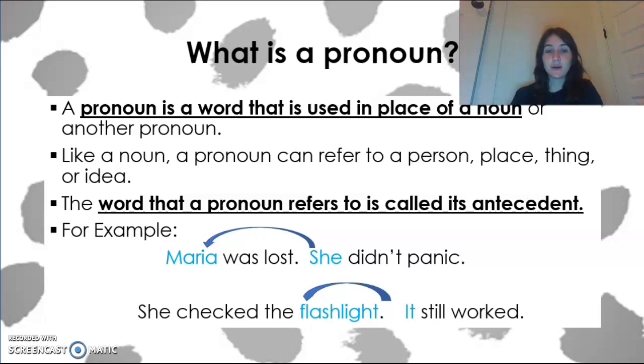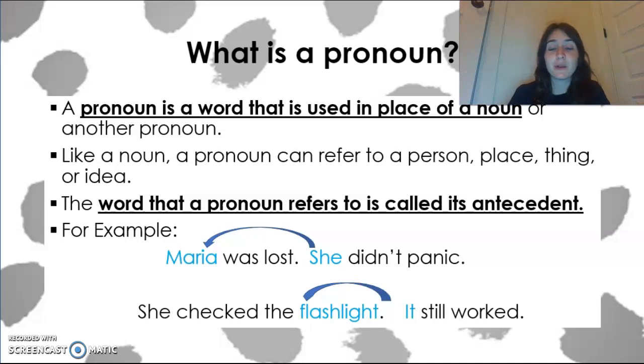Now let's go down here. We have a couple of examples of our pronouns. So Maria, she's a girl. So she, right there, she is our pronoun. And when we put she in place of Maria, that's our pronoun for Maria. Maria was lost. She didn't panic.